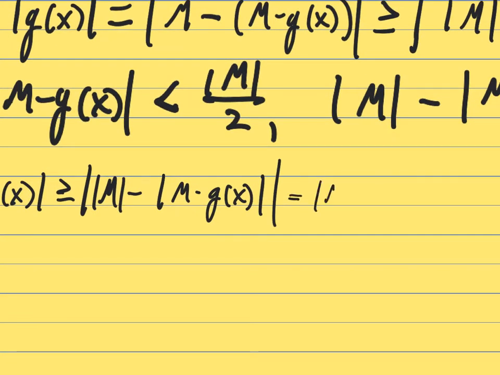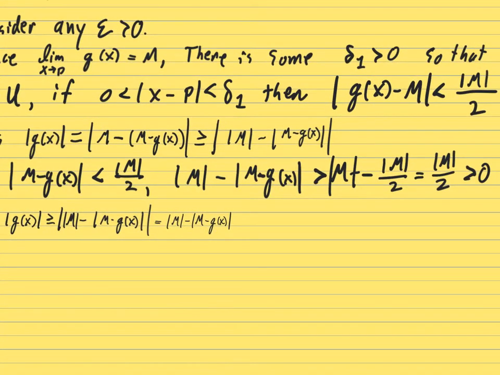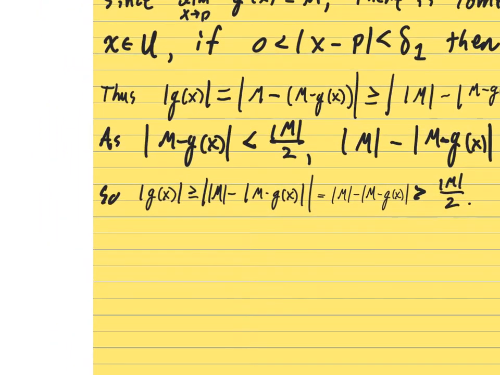It is equal to the absolute value of m minus the absolute value of m minus g of x. But I just noticed that that is bigger than the absolute value of m over 2. So let's just put a summary right there.